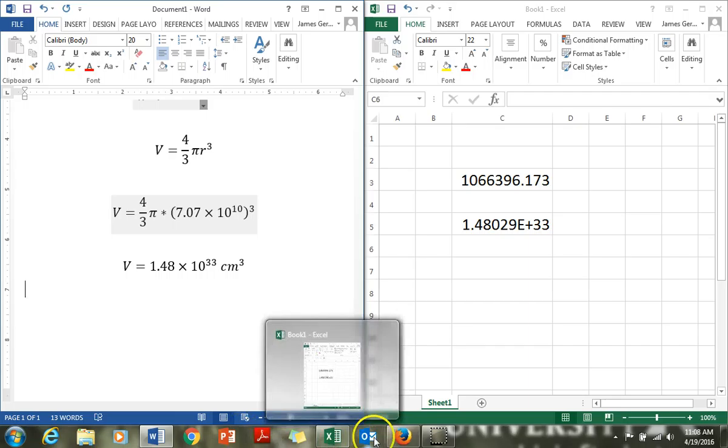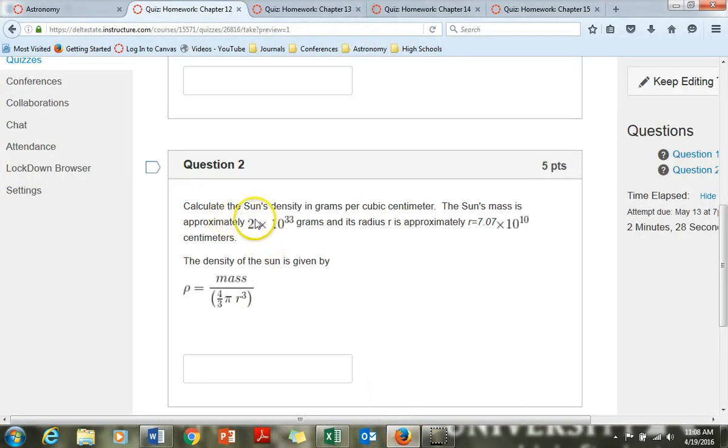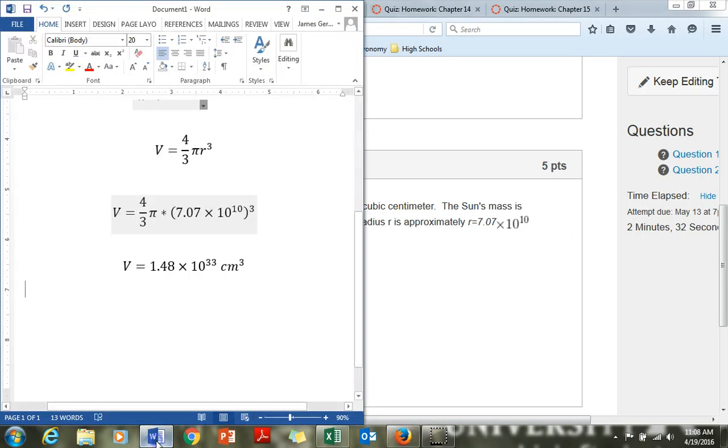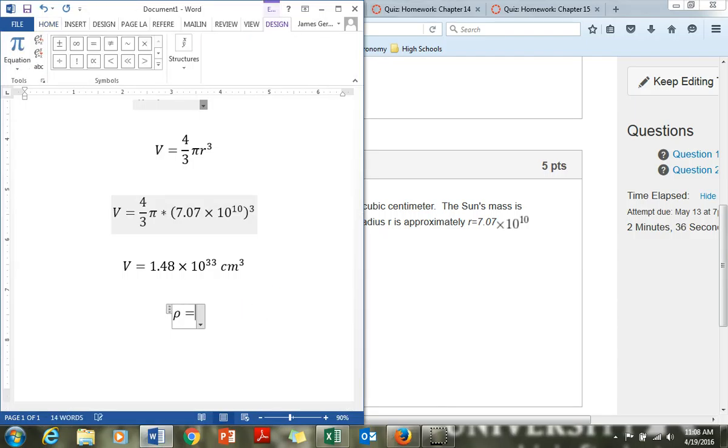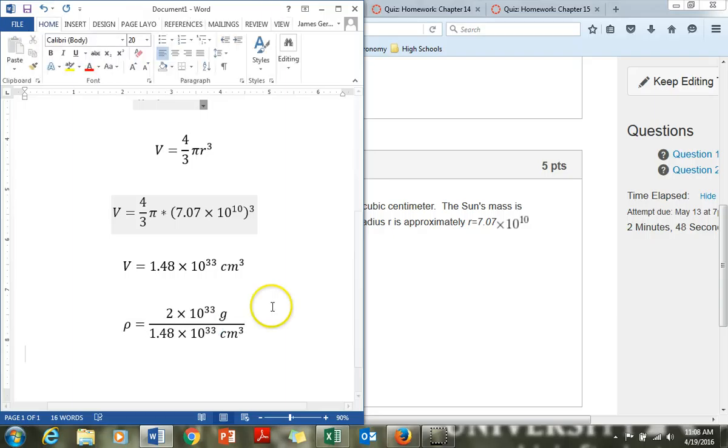And then the mass we had was 2 times 10 to the 33 grams, right? So the density is grams divided by cubic centimeters.